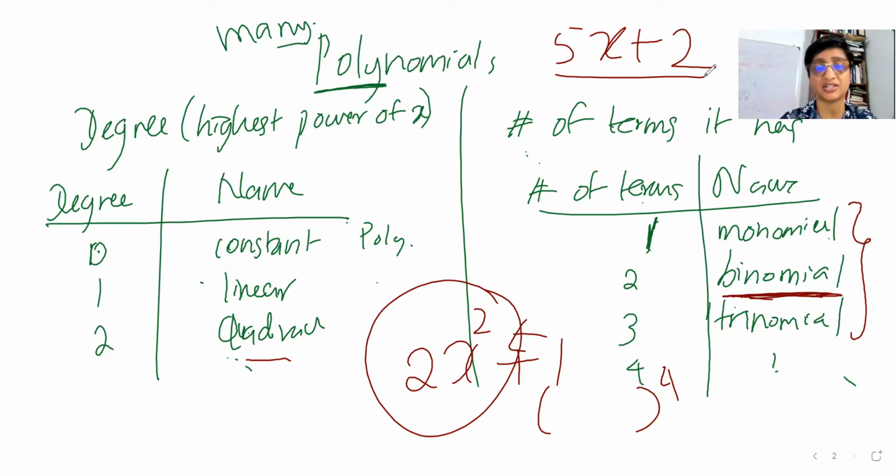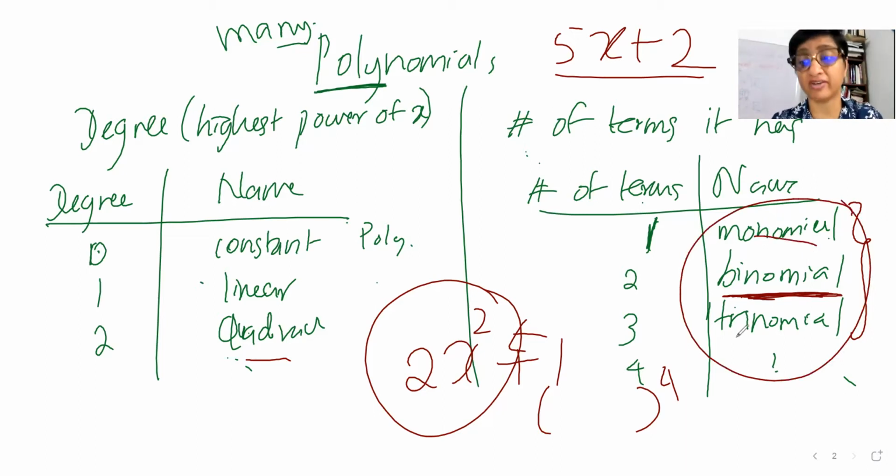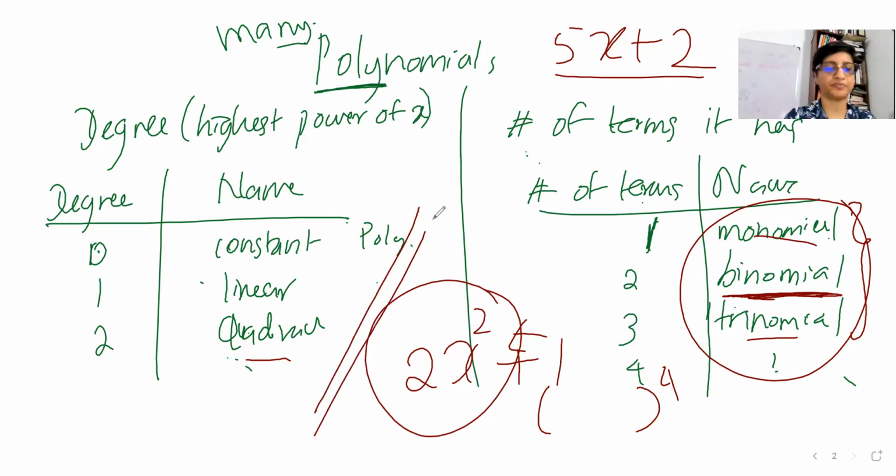That has so many connections. For example, if you think of an equation, that degree tells you how many solutions you're going to have. But the number of terms is not a big thing. So we have names for it and use them when needed, but the names related to the degree are what's important.